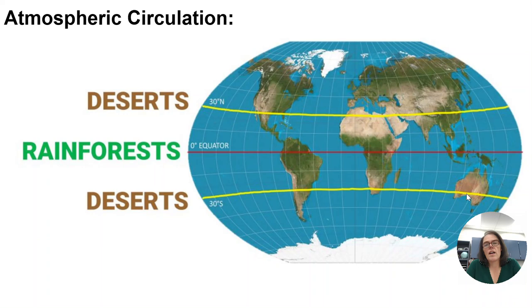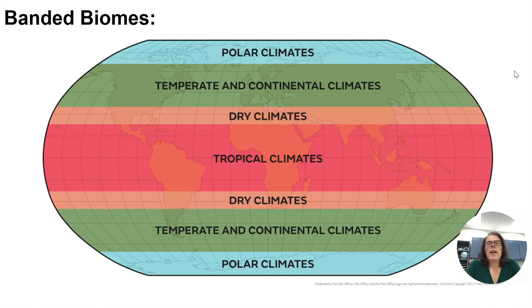Because of the Hadley cells. And here we end up with the basics of our banded biomes. We have tropical rainforests in a band around the equator. We have those dry climates because of those Hadley cells and that somewhat cooler, drier air dropping down and sinking because it's more dense at the 30-degree north and 30-degree south parallels.